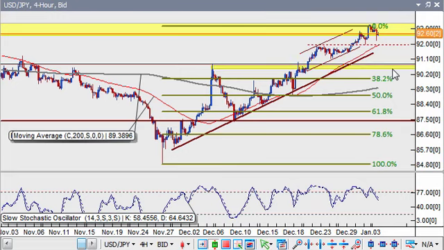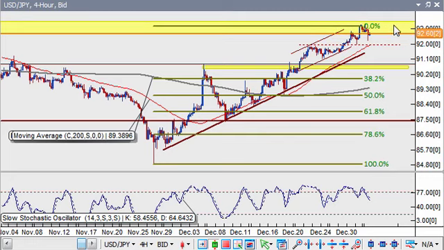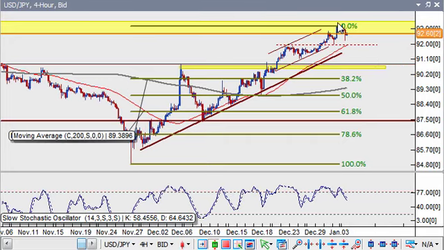And therefore, if the market is going to be supported here, it will very likely break 93 subsequently. But at the moment, we're waiting for this reversal to see if we have any sharp bearish candles that may give us a clue to how strong this reversal or this correction may be.